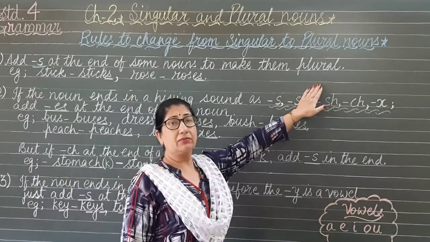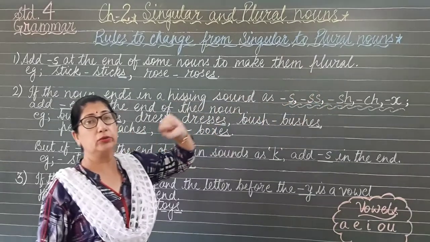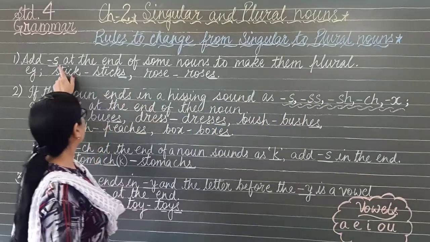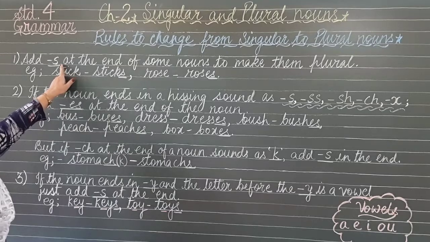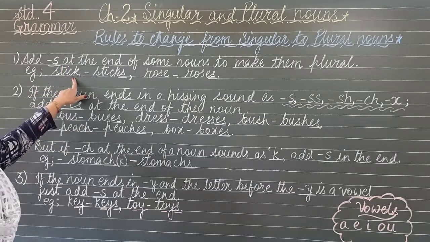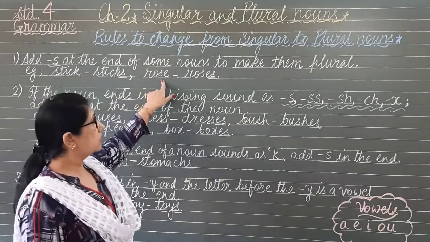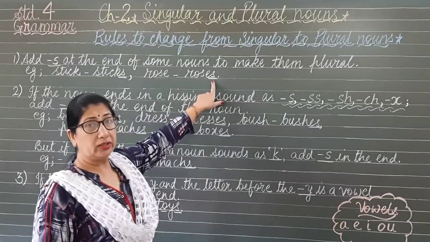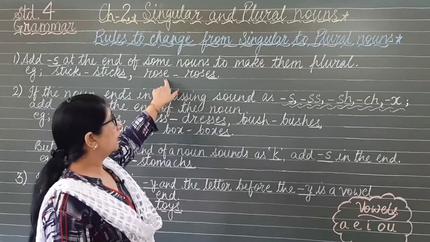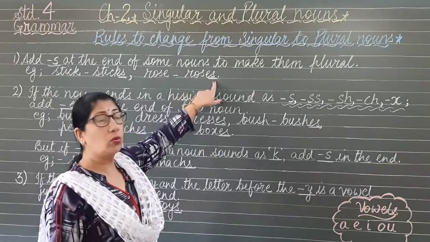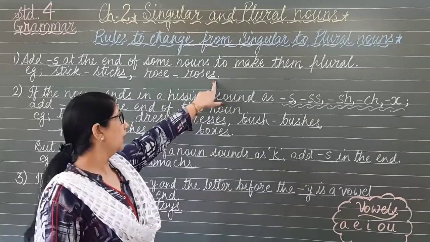There are some nouns which can be easily converted from singular to plural just by adding one s at the end. For example, stick, sticks, rose, roses. We call it roses, but e is already there at the end. We have added only one s at the end.